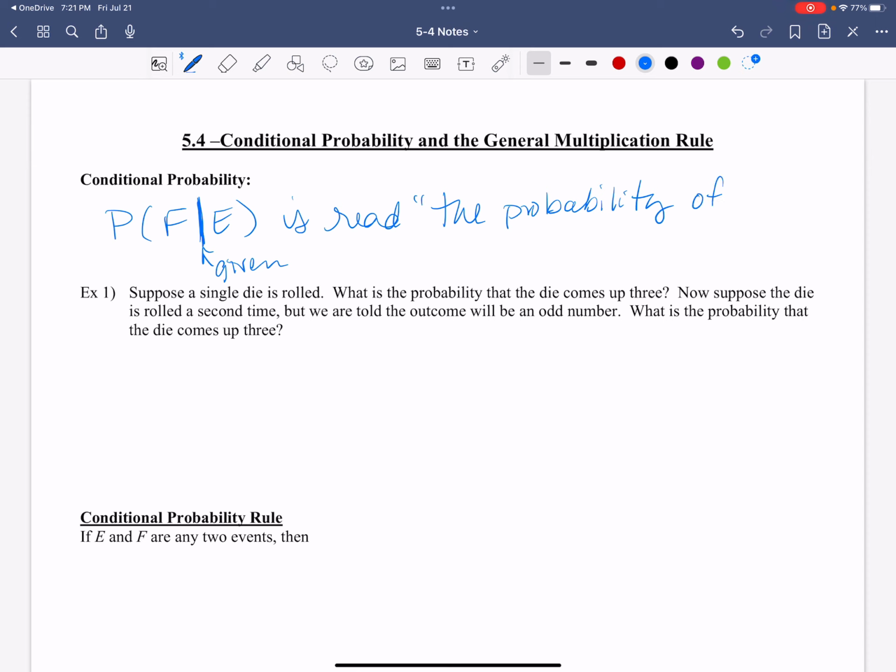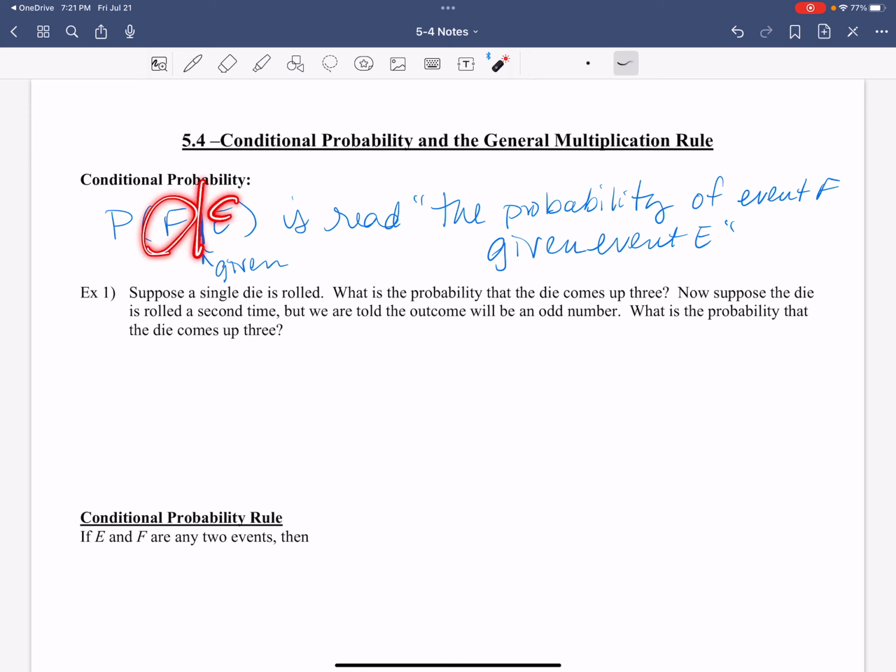So the moral of the story is it's F given E. Anytime you have this line, it's the given that is going to happen.